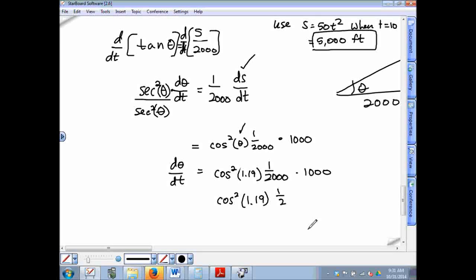It's cosine times cosine. I got 0.07. Would you put just cosine, cosine to get a number? No, cosine of 1.19 times another cosine of 1.19 times 1/2.